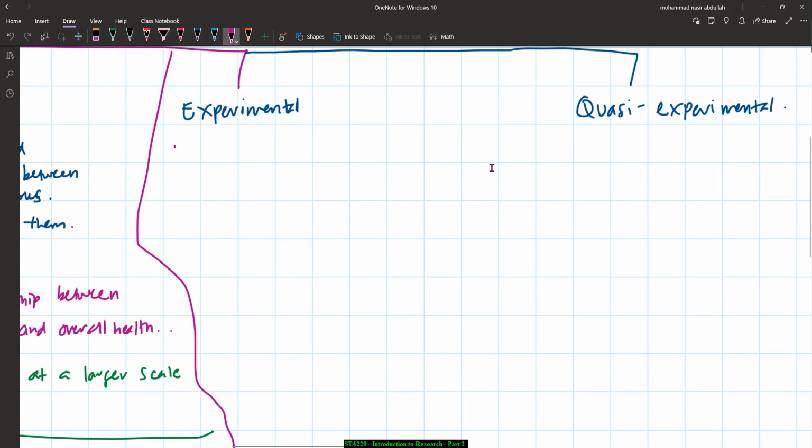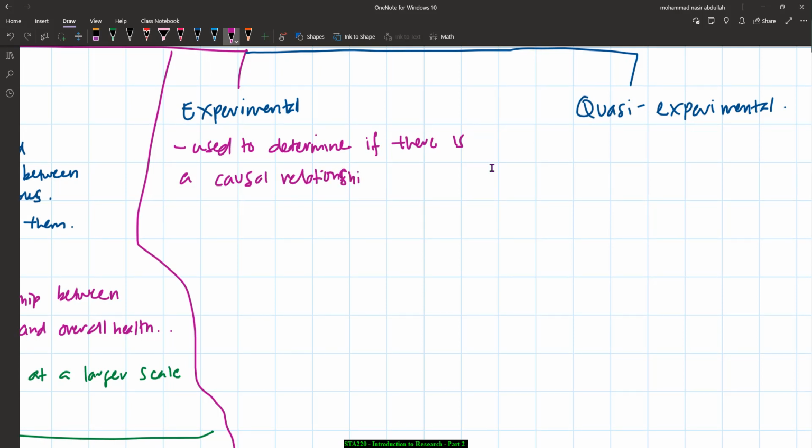Experimental research design is used to determine if there is a cause, ataupun causal relationship between variables. Right? So we just want to determine if there is a causal relationship between variables.